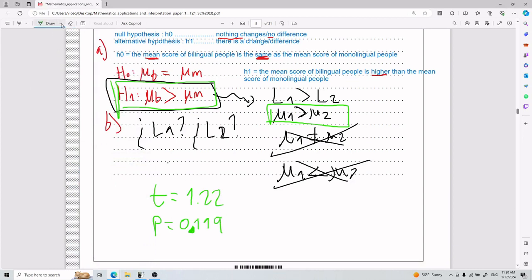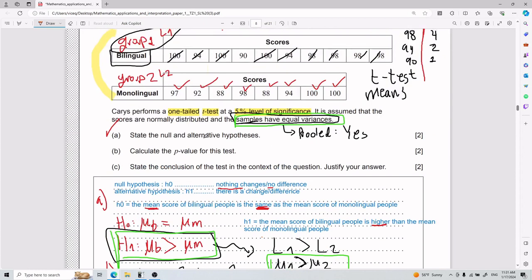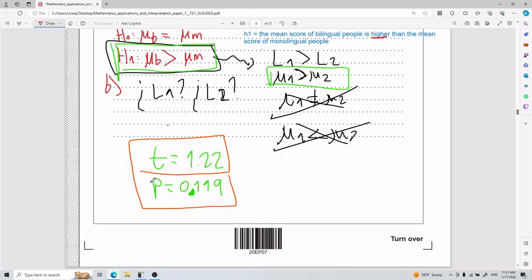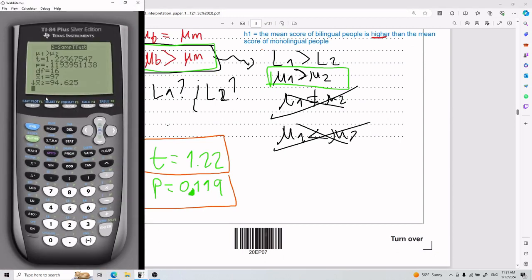So I don't want to get too into it because I know statistics can be really weird. But the point is, this t-value and this p-value can help you conclude the test, okay? Depending on what you compare it to, you either use the t-value or you use the p-value, okay? In this case, because we have a level of significance, we will be using our p-value, okay? That's literally it. So, that's the information it gives you.